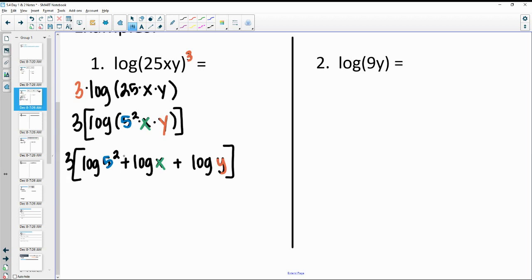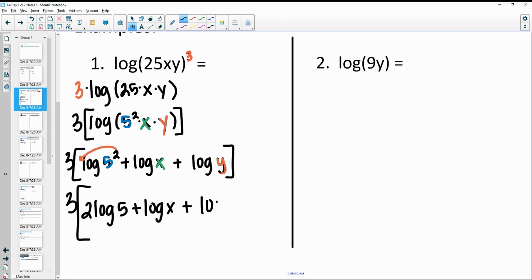Then we would also want to bring this 2 out front of just this logarithm. So we've got 3 on the outside, and then we've got 2 log of 5. So 2 times log of 5 plus log of x, and then plus log of y.